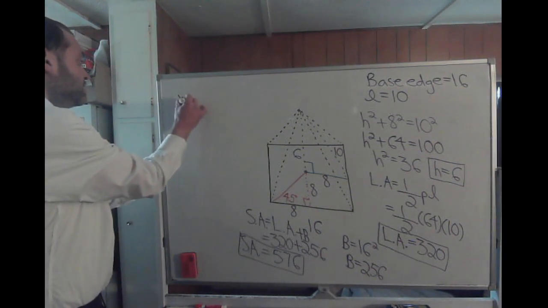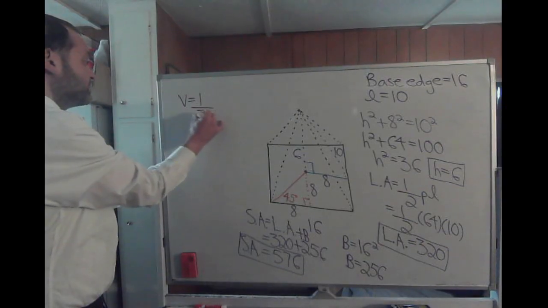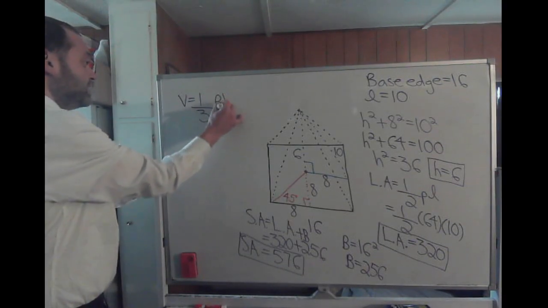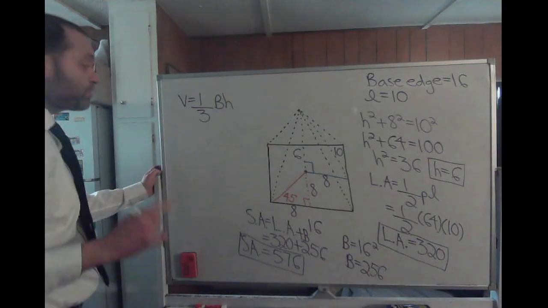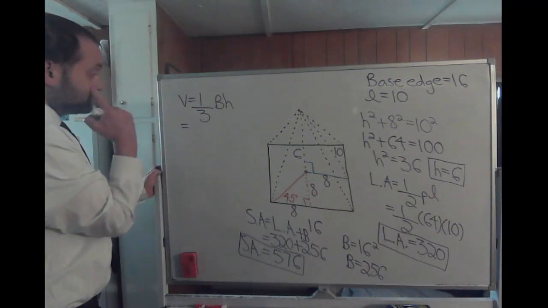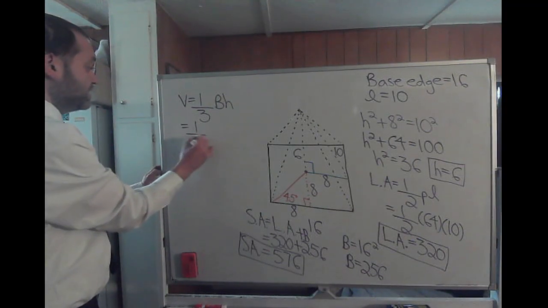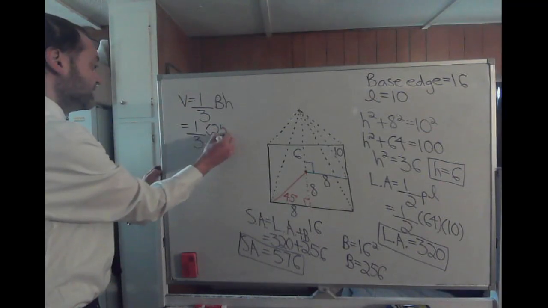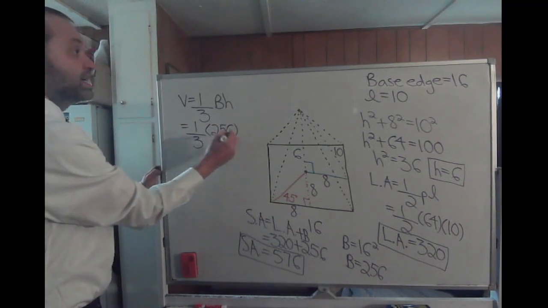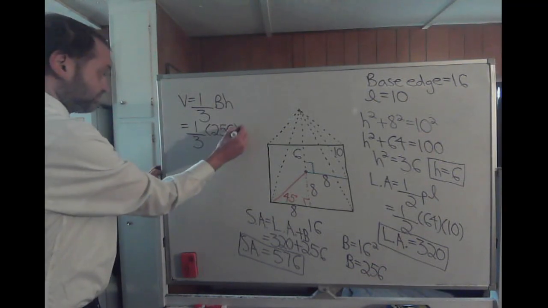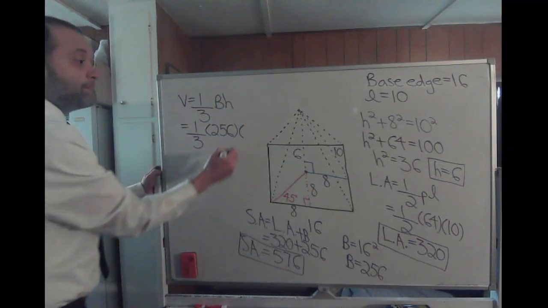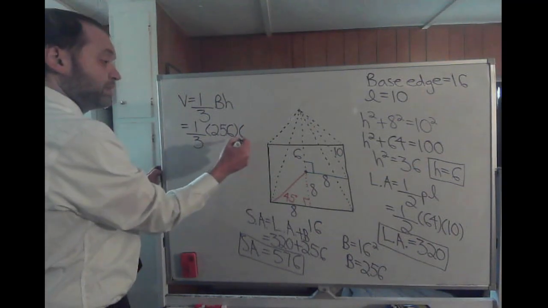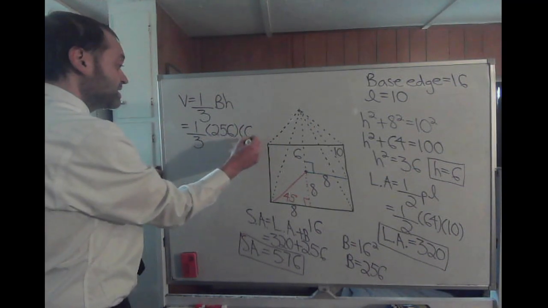So we found the lateral area, we found the surface area, now we need to find the volume. The volume, of course, is a third of the area of the base times the height of the pyramid. Well, what is the area of the base? Take 1/3, multiply it by that. That was 256 times the height of the pyramid itself, which was 6.